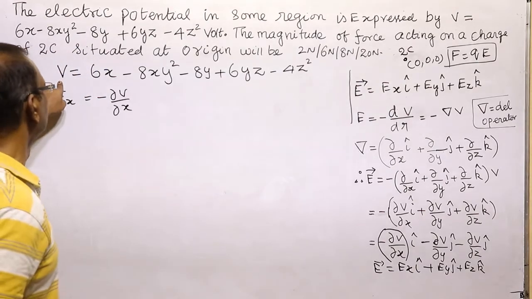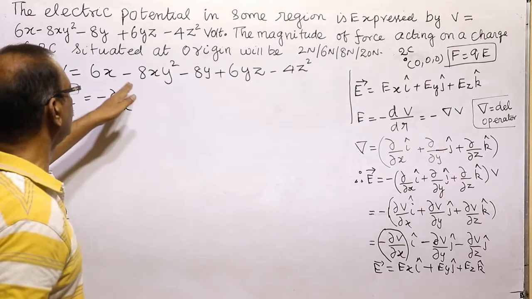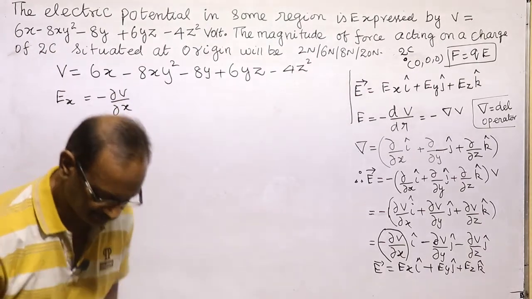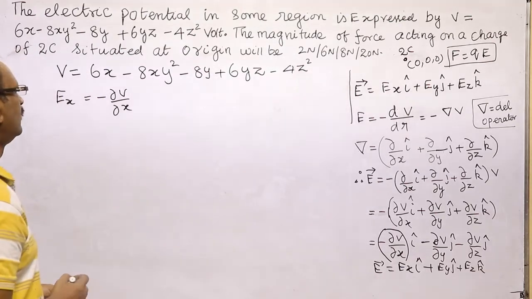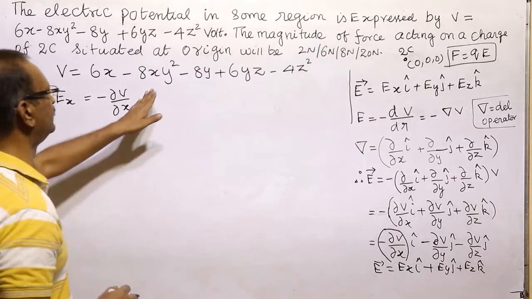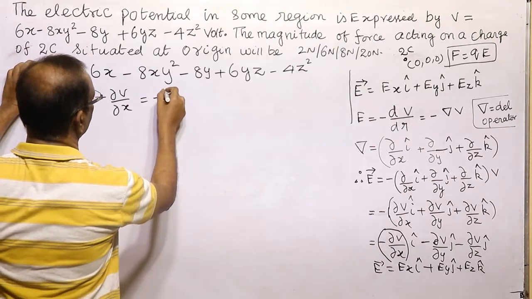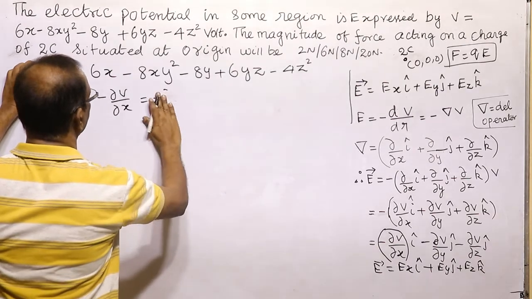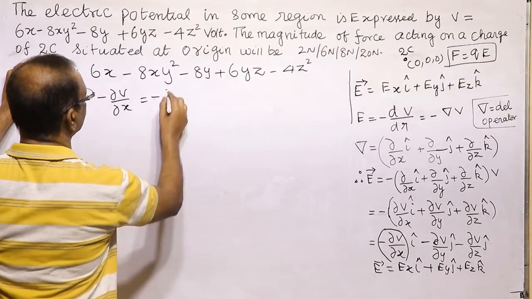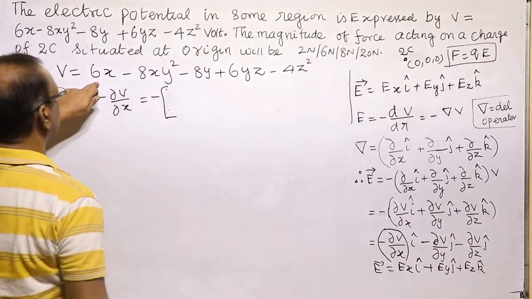If we are differentiating any function with respect to x, we have to keep y and z as constant, and only x is differentiated. So Ex is equal to minus d by dx of the potential.